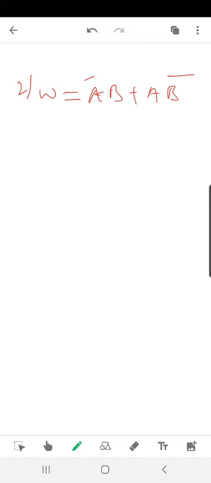If it is in sum of product form, then it clearly means that it will be represented by min terms. If it is represented by min terms, it means that our decoder should be an active high decoder. So we will use a 2:4 active high decoder.